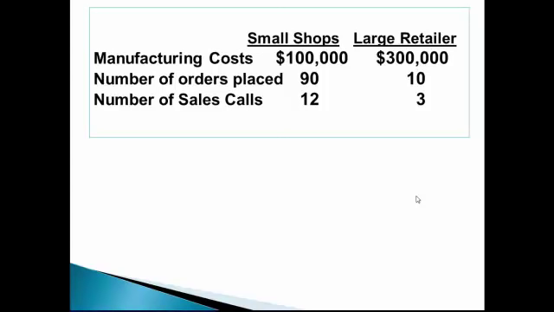We can see that the small shops, while they order 2,000 parts, they place 90 orders to do it, while the large retailer buys 6,000 and only places 10 orders. The small shops require 12 sales calls, maybe one per month, whereas the large retailer requires 3.